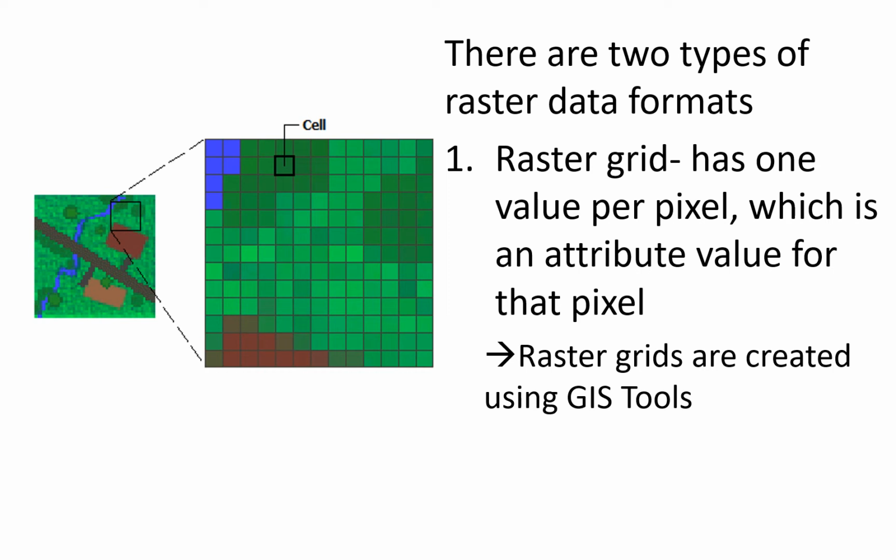In the small picture, you can see real world features represented in various colors. You have the blue here, which looks like a river, then the brown, and then the green. If this green section is exploded, you'll see individual pixels. So you have the cells here.